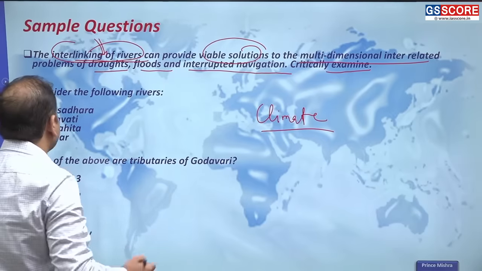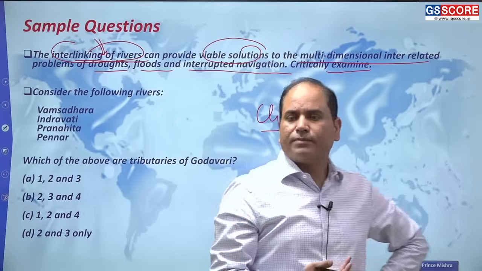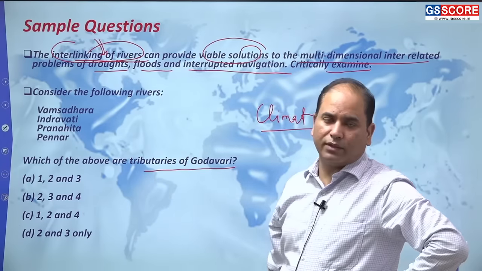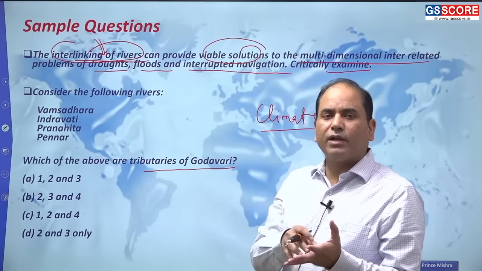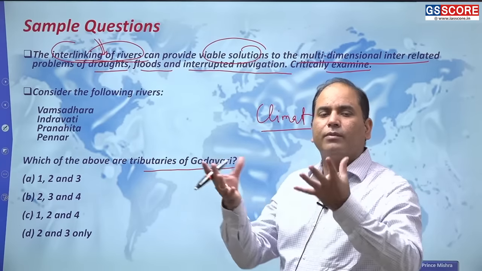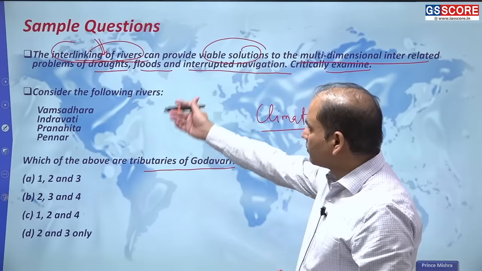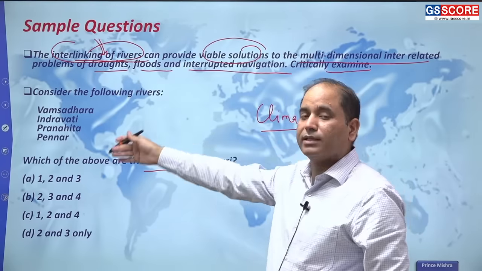Now one more question. Consider the following rivers: Vansdhara river, Indravati river, Pranhita river. Out of all these rivers, which are the tributaries of Godavari? So simple knowledge of rivers and their tributaries, simple knowledge of the river system, will fetch you good marks. Mostly the map based questions related to rivers are asked in this manner.